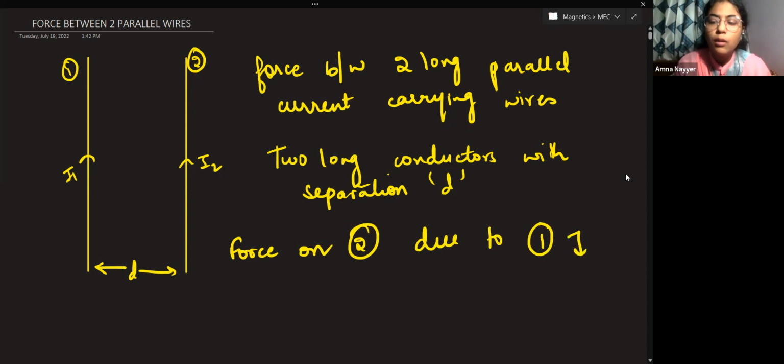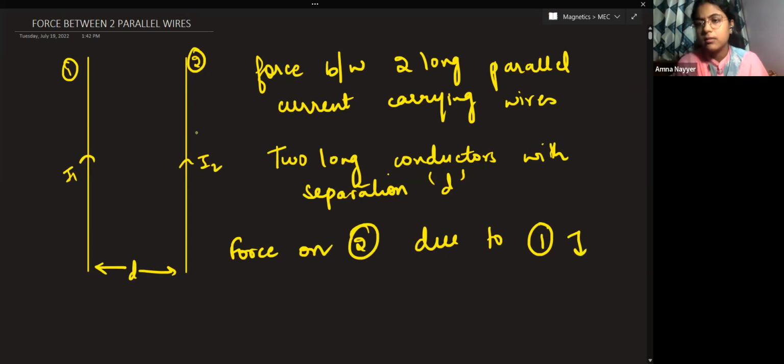For calculating the force on the second one, the magnetic field will be produced by the first conductor. Just imagine this is a conductor, and at this point you have to find the magnetic field. So what should be the formula?